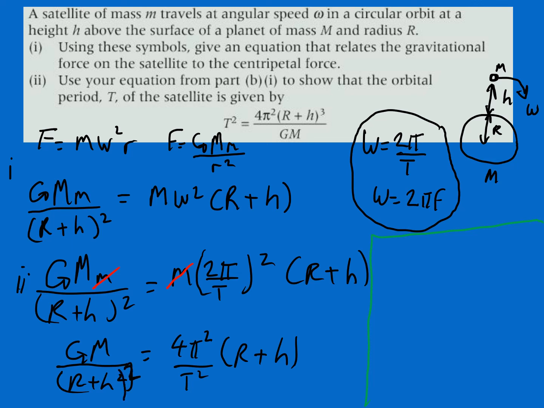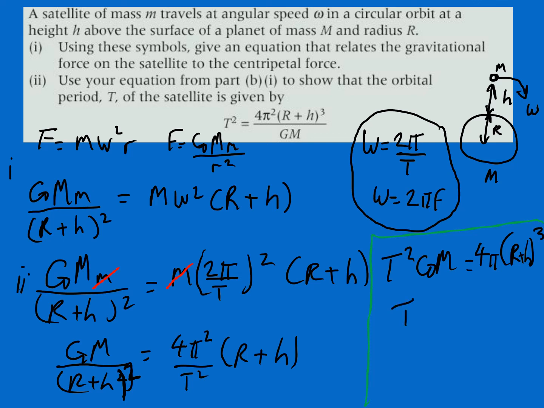So T squared times GM is equal to 4 pi squared (R plus h) cubed, because if we bring that (R plus h) squared over to the other side, we get (R plus h) cubed.